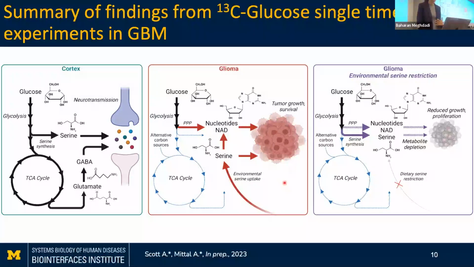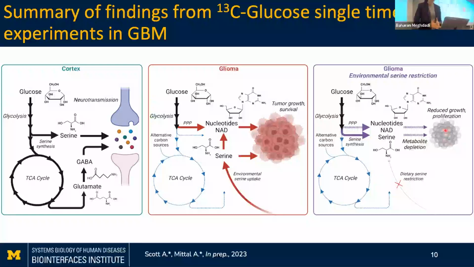And to confirm this hypothesis, we did the experiment with the serine-glycine-free diet, and we saw that when we do not have any serine in the plasma, it results in reduced growth and proliferation.